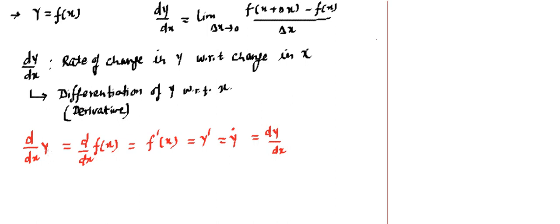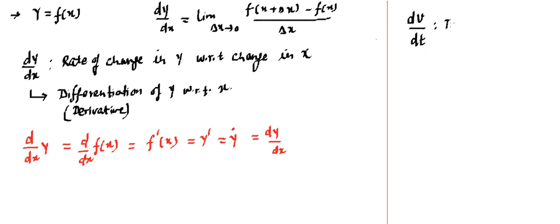If x and y are not used and any other letters are used, we can think of it in a very similar manner. Let's say somebody writes dv upon dt in physics, v for velocity, t for time. Then we will say it's a differentiation of velocity with respect to time.